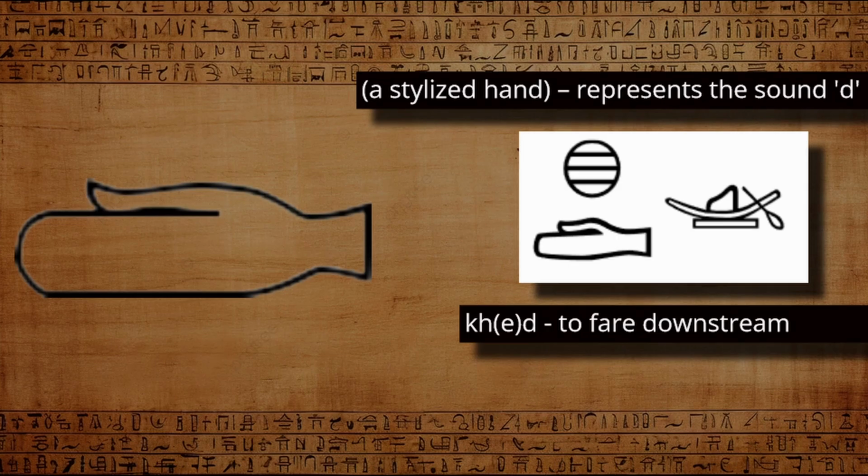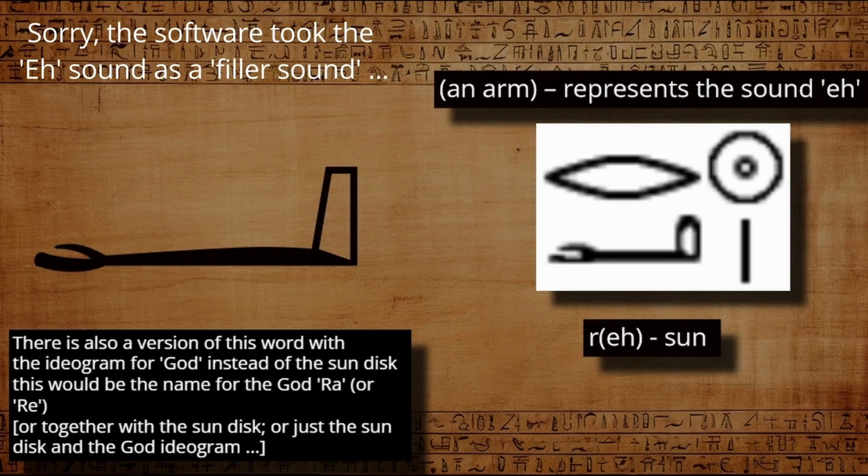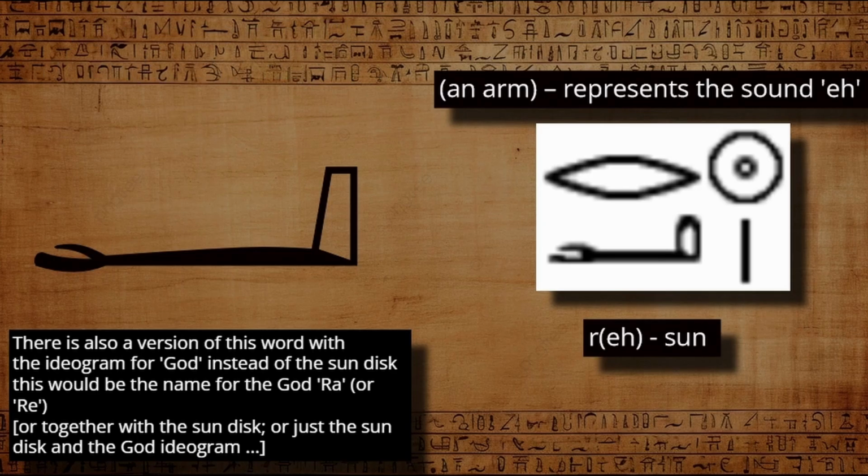You might recognize the word re, meaning sun, and yes, it's the same word used for the sun god Ra or Re. The difference? Well, the ideogram. But in this case, you could rely solely on the ideograms if you wanted. They may be silent, but they carry a lot of weight in terms of context.